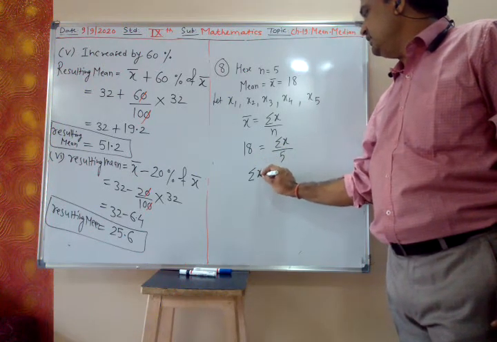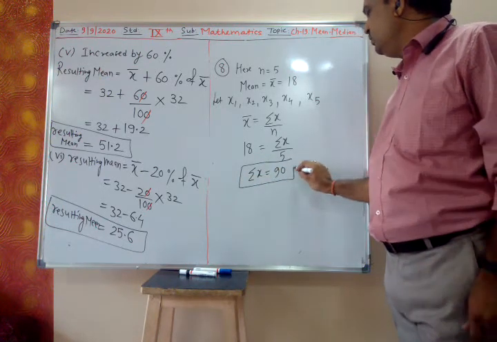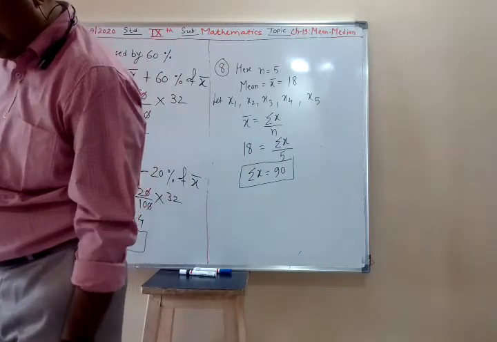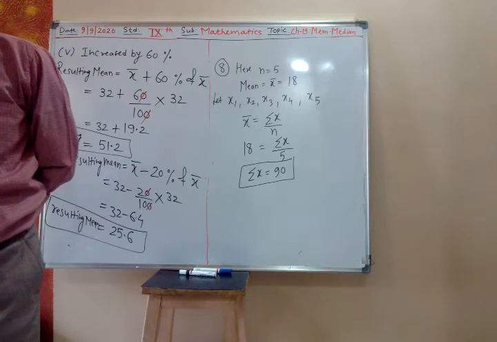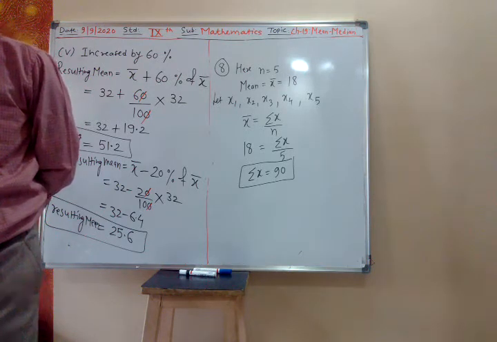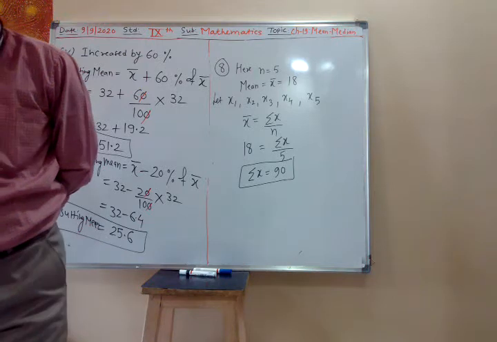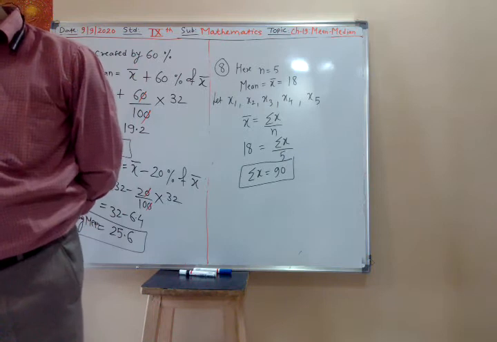Summation x is equal to 90. So total is how much? Total is 90. Are you getting?